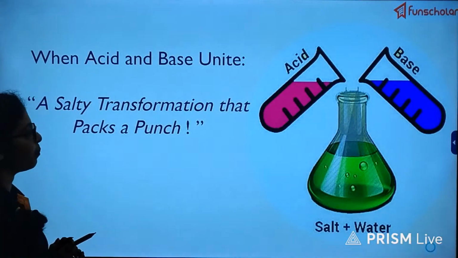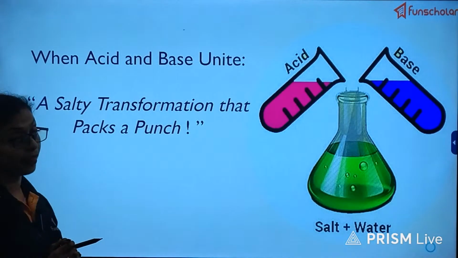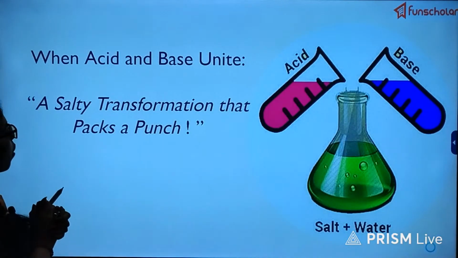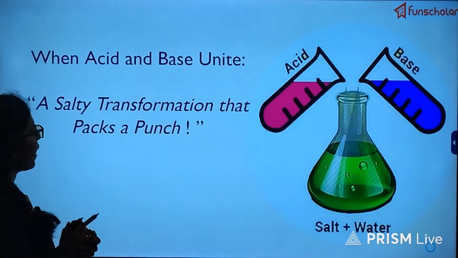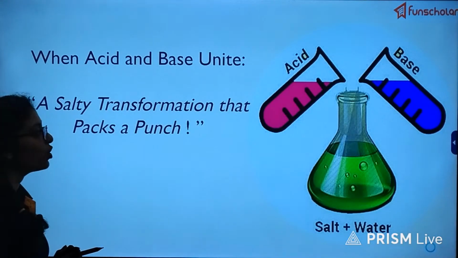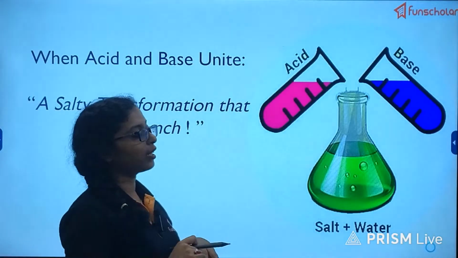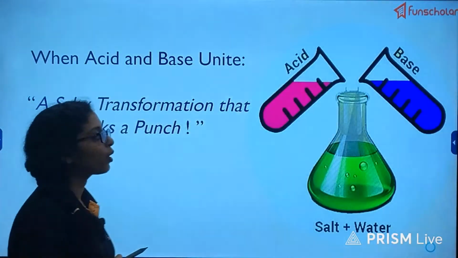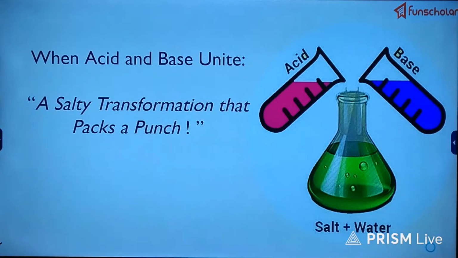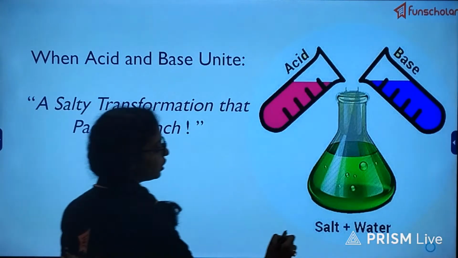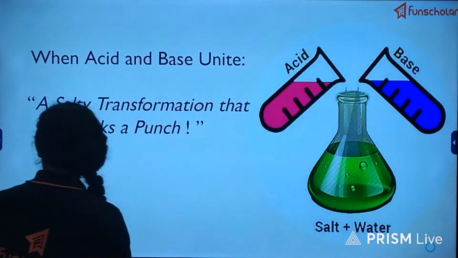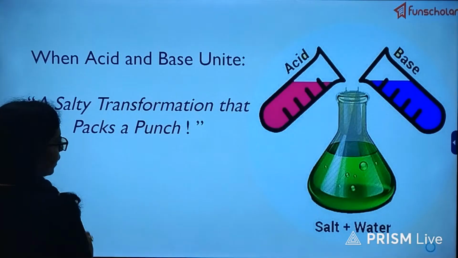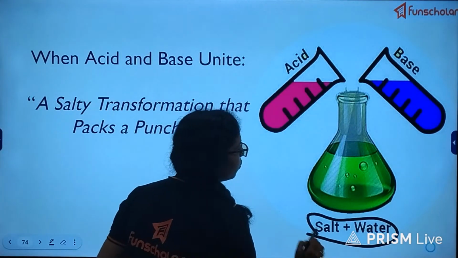Now, what will happen if we mix these two together? When acid and base unite, a salty transformation that packs a punch. So will it be an explosive reaction? What do you think? What can come out of it? So here it is already written, we will be getting salt and water.